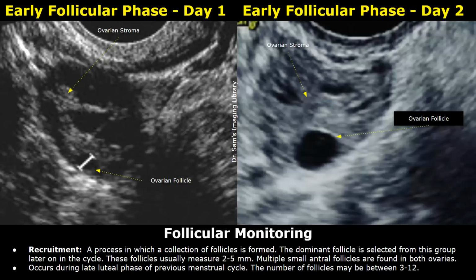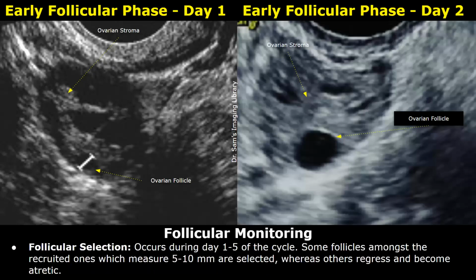During this process, a small collection of follicles is formed. These follicles measure between 2 and 5 millimeters. Multiple small antral follicles are found in both ovaries. These are the follicles that grow later in the next cycle.